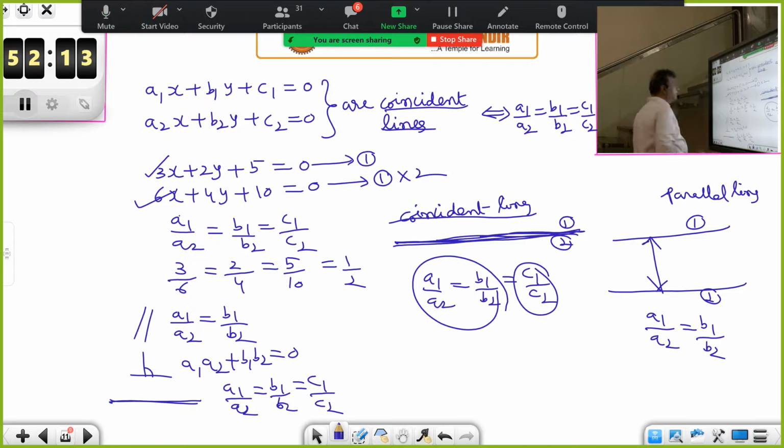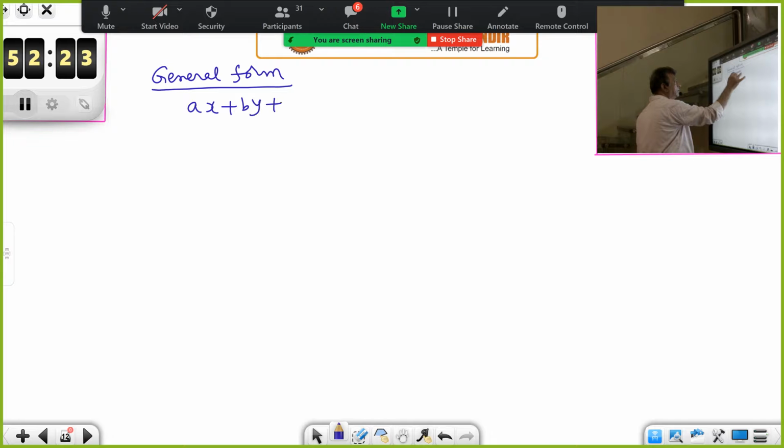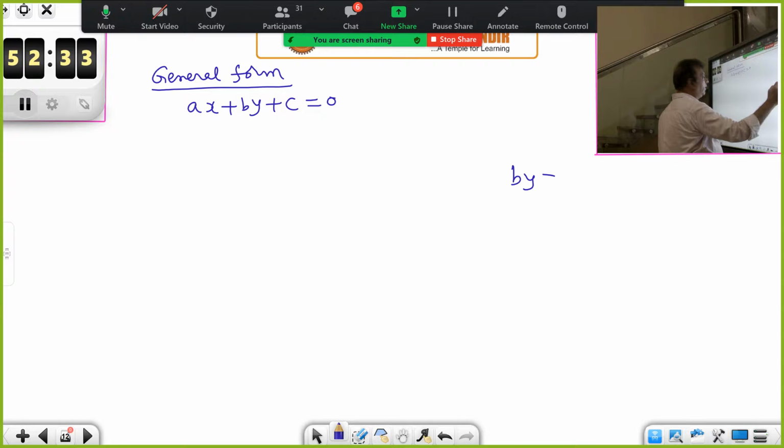Now the general form of the equation of the line is what, Shilpita? Of course, we have put this in the slope intercept form, y is equal to mx plus c. We have written by is equal to minus ax minus c.